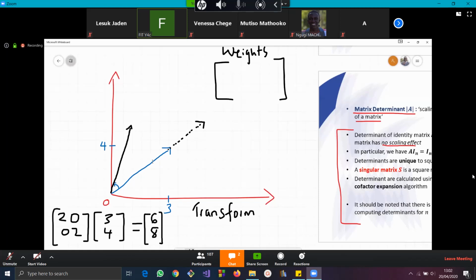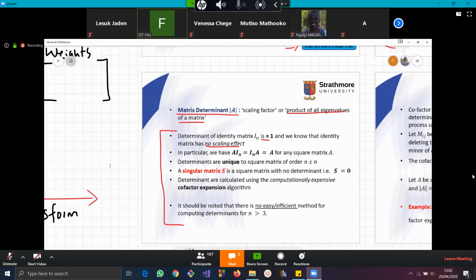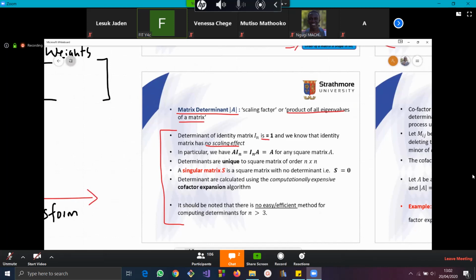So when I say no scaling effect, it means that if you take an identity matrix and multiply it by a given vector, the vector never changes. Okay, we can try it here. So vector 3, 4 multiplied by the identity matrix of order 2.